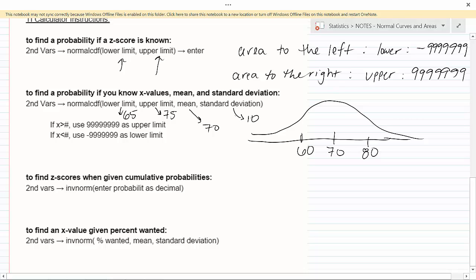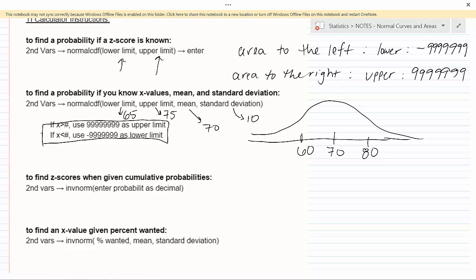So you're going to plug those values in and then find the resulting probability. And again, notice I made this point here. If you're looking for area to the right, that would be x is greater than some number, you're going to use an upper limit of 9999999. If you're looking for area to the left, you're going to use the lower limit of negative 9999999.